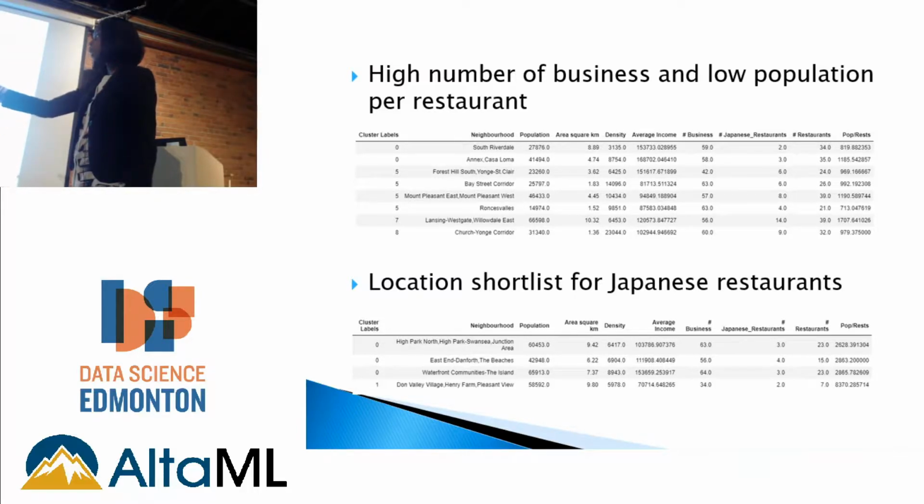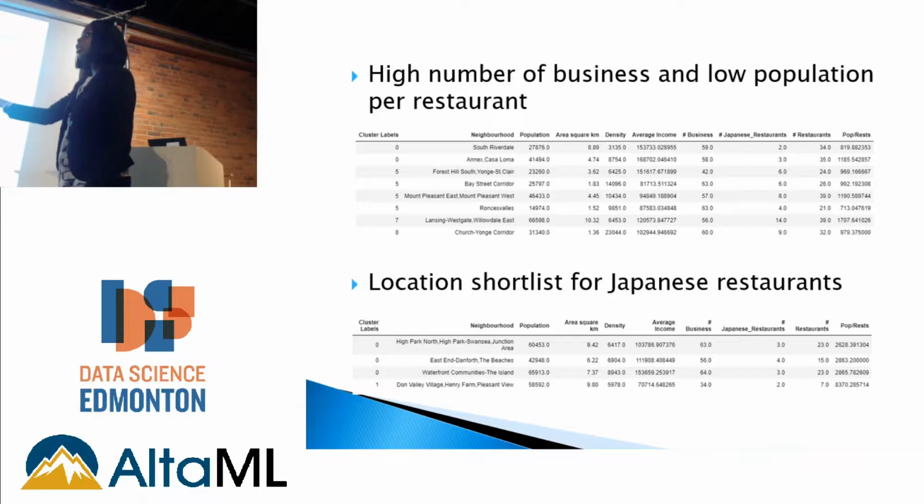The one from cluster 1 also met the criteria because it has 34 number of business, and we set the criteria to 25. And the income, even though it's just borderline, is still above 70. So with more information, you can decide whether to raise this threshold to more, like 40, or keep it at the same level.